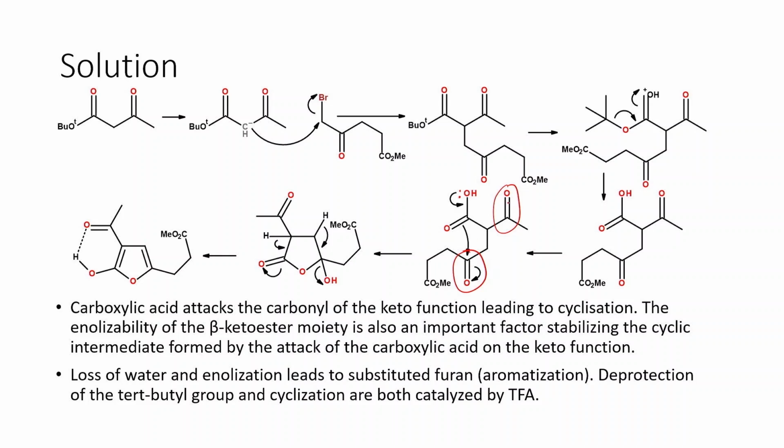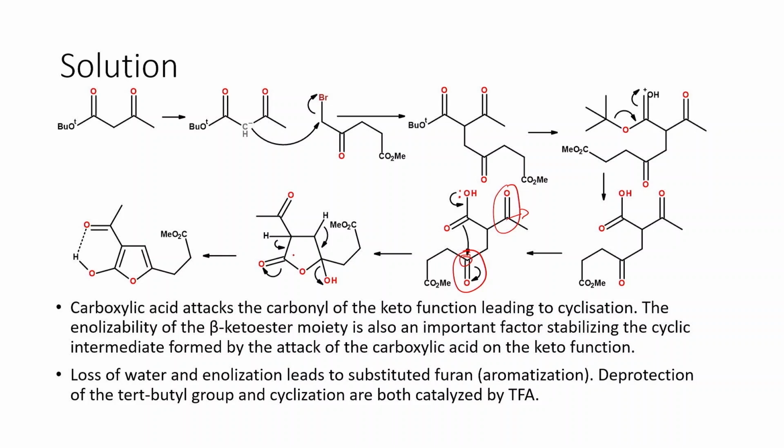Between these two units, this beta keto unit generally tends to remain in the enol form. So that means this particular carbon is not going to be highly electrophilic in nature, whereas this carbonyl carbon is going to be more electrophilic in nature. So that is the driving force for the attack of this carboxylic acid unit on this particular electrophilic carbon.